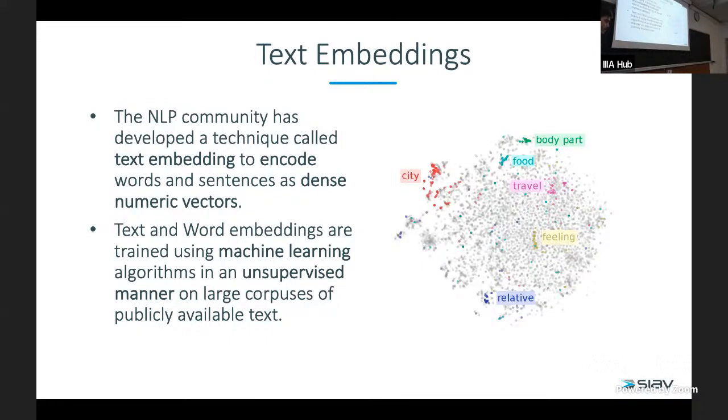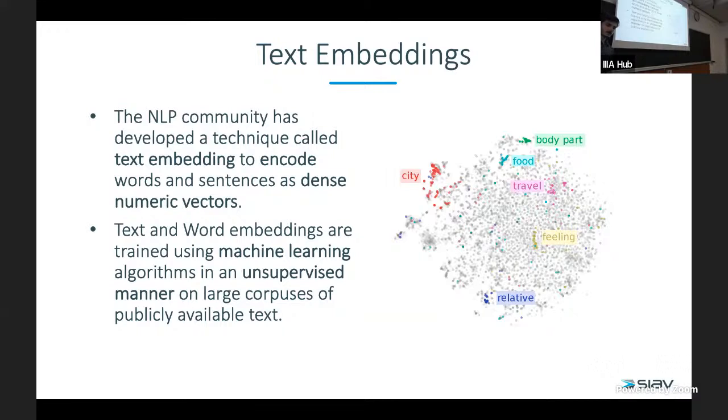It's a technique that has been developed by the natural language processing community. The intuition behind this is that it allows you to encode sentences or singular words into dense numerical vectors, usually with a number of dimensions that goes between 100 and 1,000.